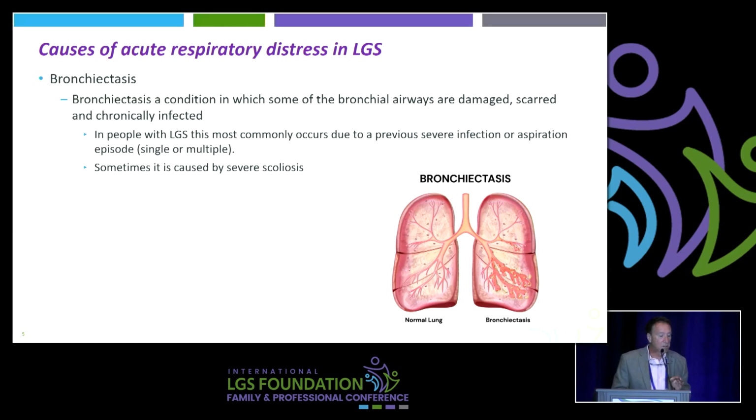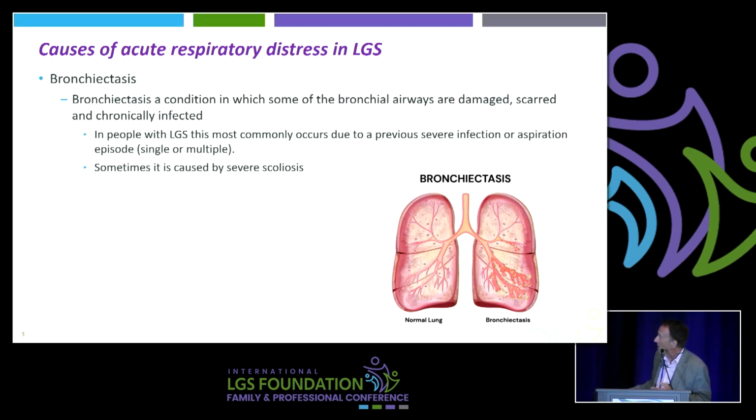Bronchiectasis is another problem that can sometimes be seen, especially in people who have a tendency to have recurrent aspiration. These recurrent episodes of aspiration may cause permanent scarring and damage to the airways. So again, in this picture, on the right, this is the normal branching of the bronchial tubes that you see in the lung.